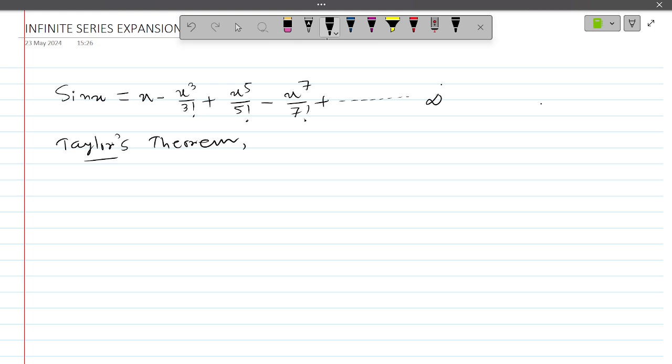They talked about this kind of infinite expansion in a much more detailed way. So from Taylor's theorem you will understand this one, but right now it is out of the scope of our syllabus, so we won't talk about Taylor's theorem. If you are interested, you can search it by yourself.